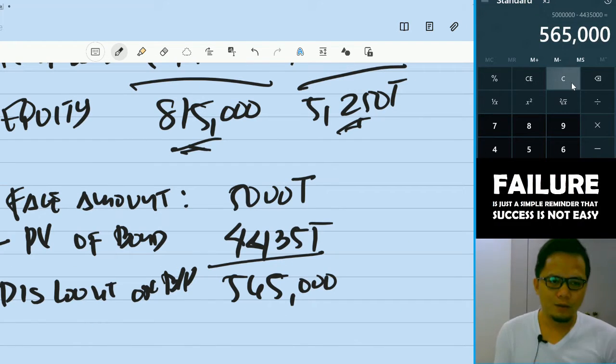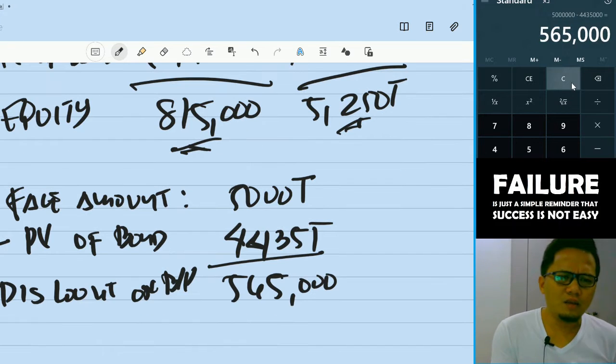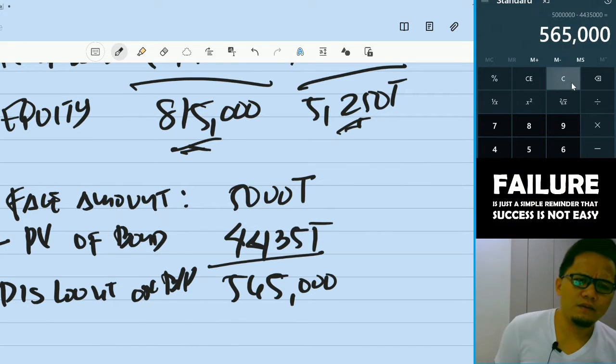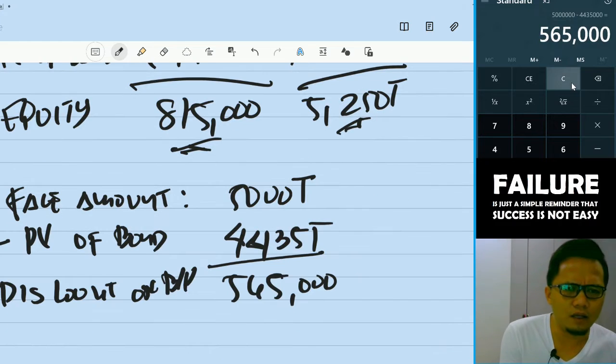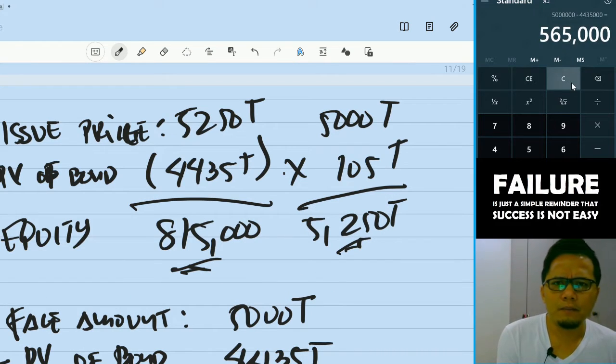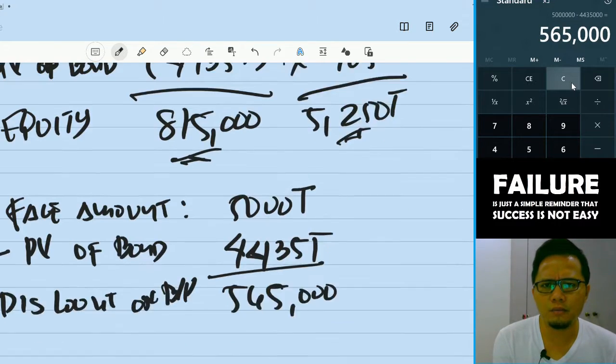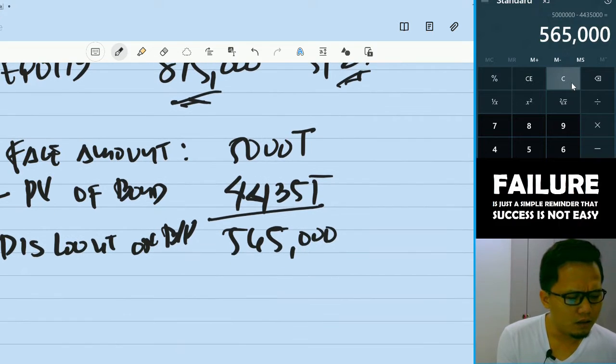So again, kung titingnan natin, same concept pa rin siya as if the fair value is given, except that the only difference is we need to compute for the present value of the bond.